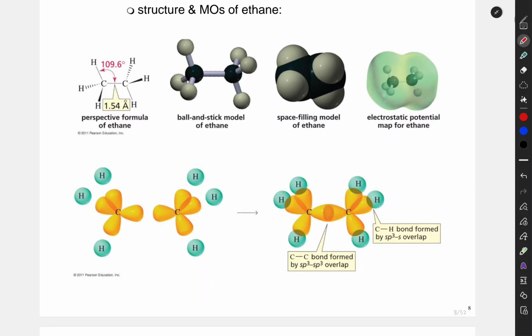There's one more bond between carbon and carbon, and this bond can be described as a sigma bond between sp3 and sp3 orbitals from each carbon. And the other bonds are the same, identical to those in methane: the bond between carbon and hydrogen, sp3 and the 1s orbital from hydrogen. The covalent bond can be described with this model.